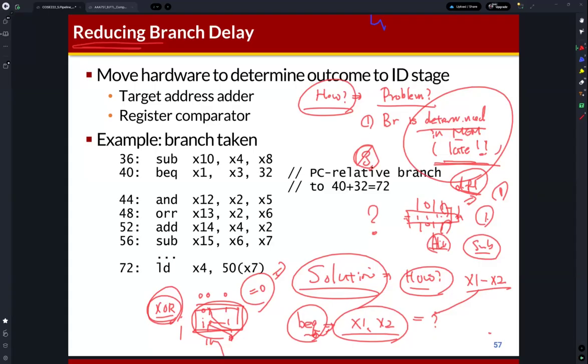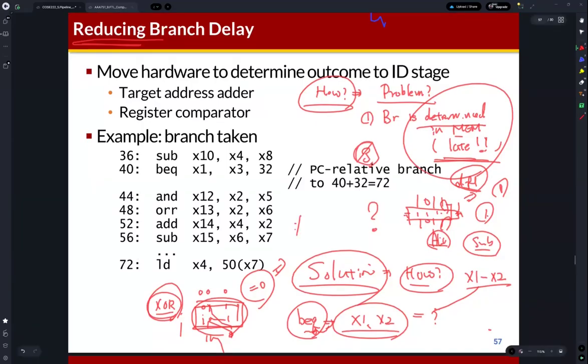So we just use the exclusive OR gate to check the equality between the two bits, and if all these comparison results are zeros, then it means the two numbers are equal, right?